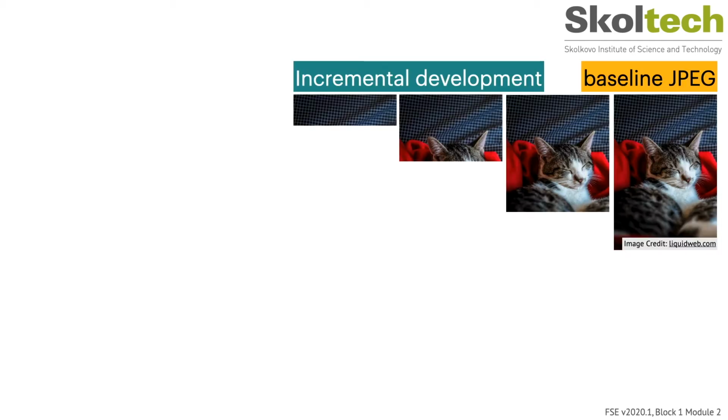As an analogy, consider progressive versus baseline JPEG method. JPEG is a metaphor for compressing images. For incremental development, just like for baseline JPEG, the product you're building is rolled out gradually, one feature at a time, and these features are fully complete, but the overall product is likely not usable because of the lack of the other features that are not there yet.